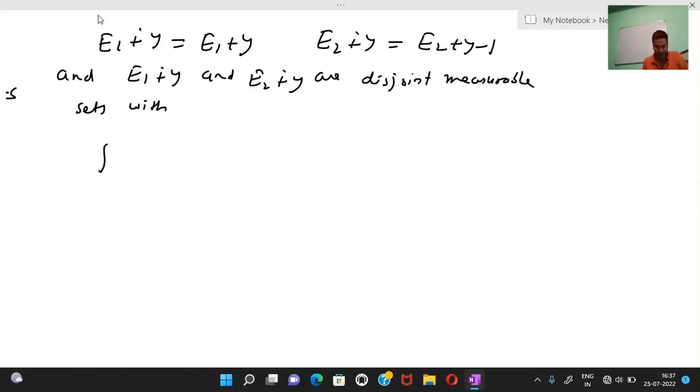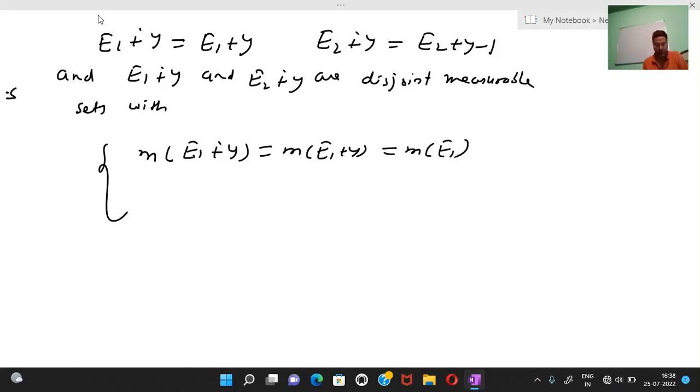With these two results, we have proved the measure of E1 plus y equal to the measure of E1, and the second result, the measure of E2 plus dot y equal to the measure of E2 plus y minus 1 equal to the measure of E2. These two results we have proved.